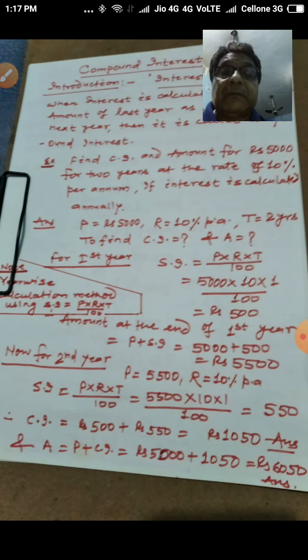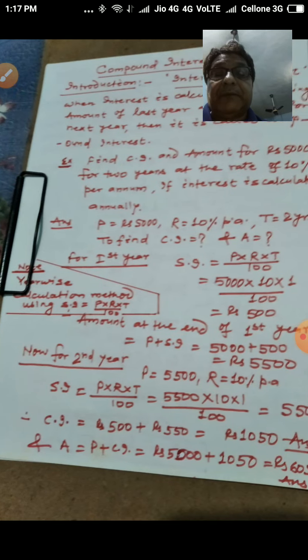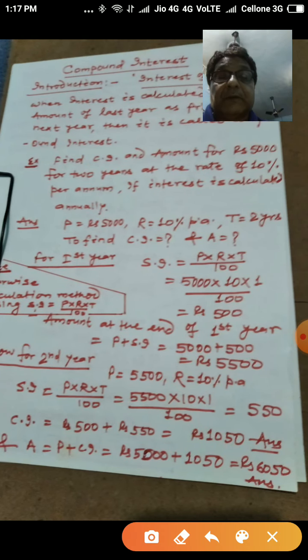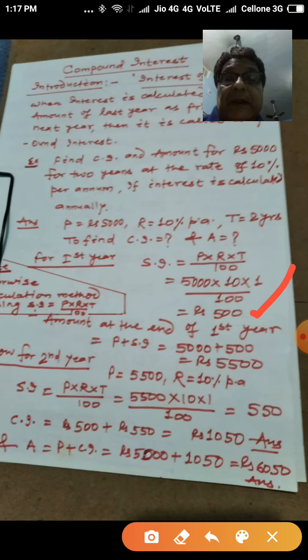So using simple interest formula, P into R into T by 100, it comes rupees 500, you see. So interest for first year comes rupees 500. Now we will make amount at the end of first year. How? Just adding this interest to the principal.